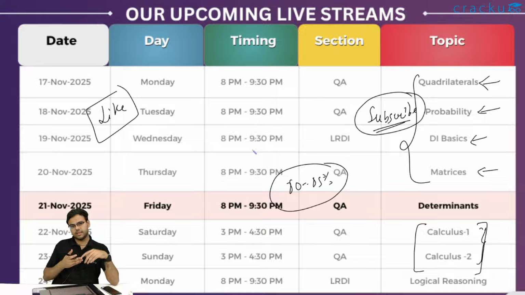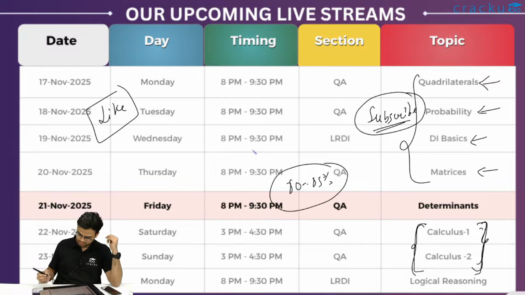The next 2 classes are for calculus. Do attend these classes. These topics are very difficult to understand, but if you understand the concepts and practice a good number of questions, you will definitely do well in calculus.